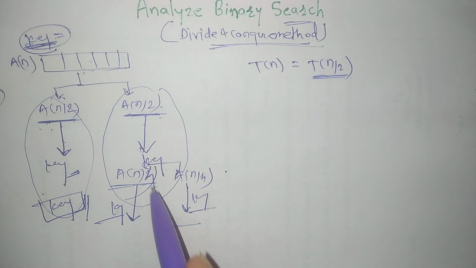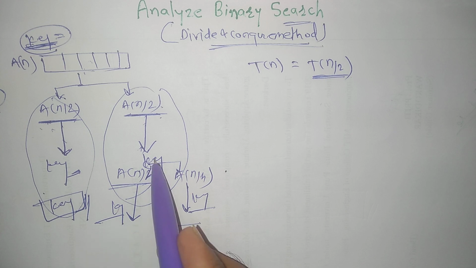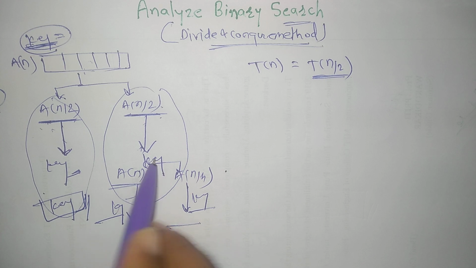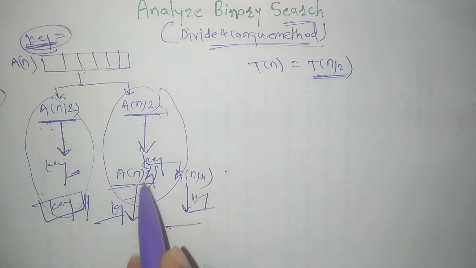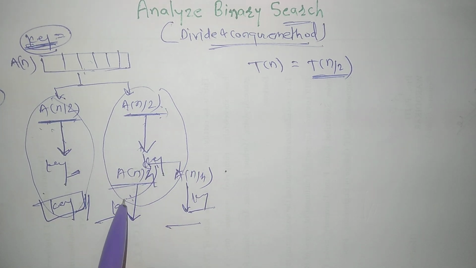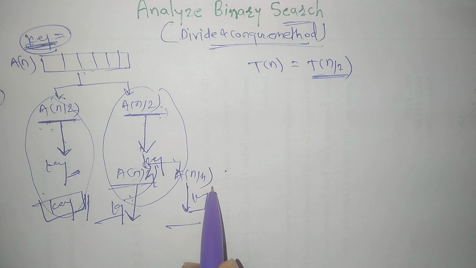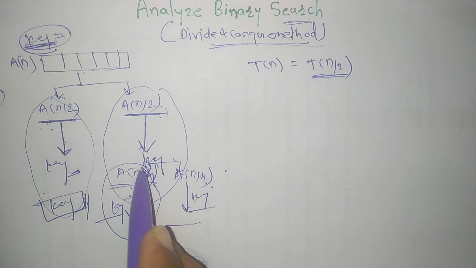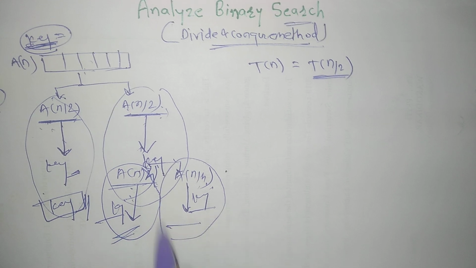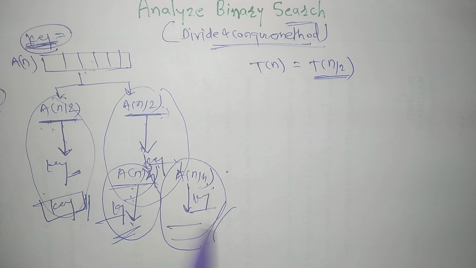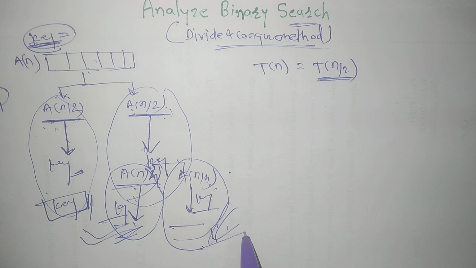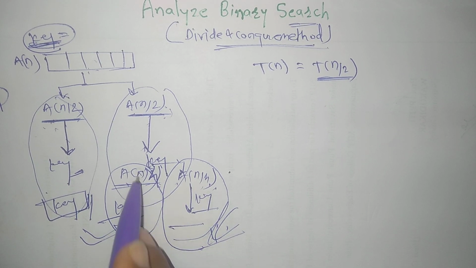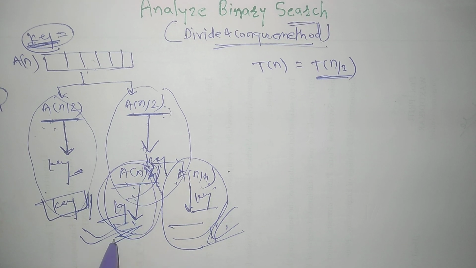After that, if my value is not found in a single iteration, I have to do it multiple times. So n by 2 will be divided again into 2 parts, n by 4 and n by 4. So either on the left side or the right side, I have only one part to consider. It may be on the left side or on the right side, never in both sides. So here also only one part which I have to consider.